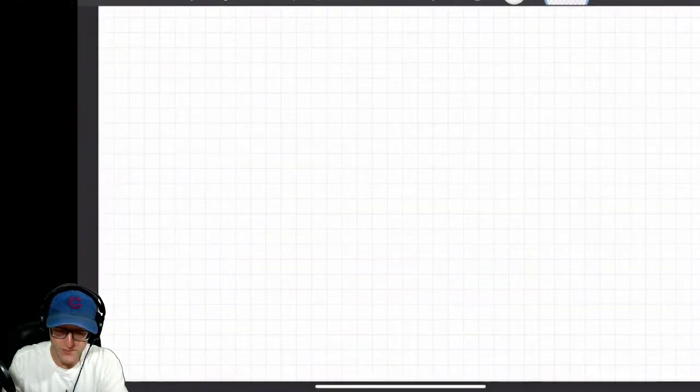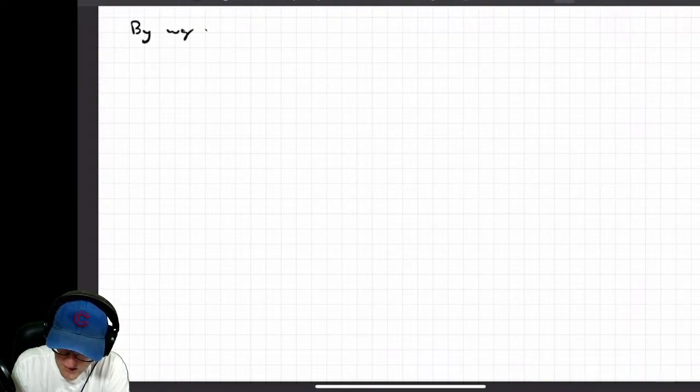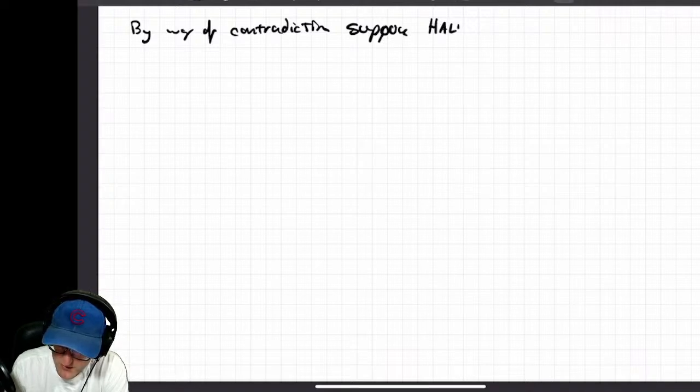And let's walk through this proof. By way of contradiction, suppose the halting problem, which I'll just shorthand here, halt, is decidable.